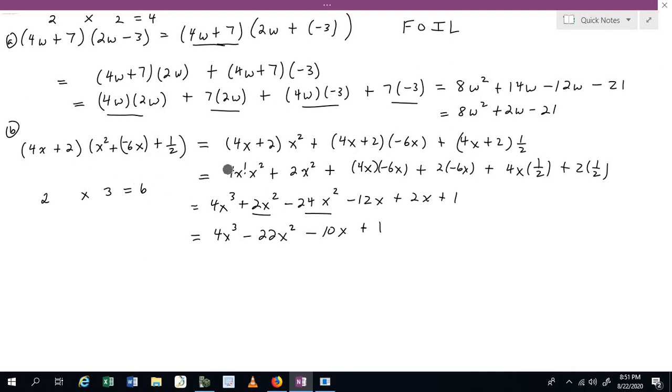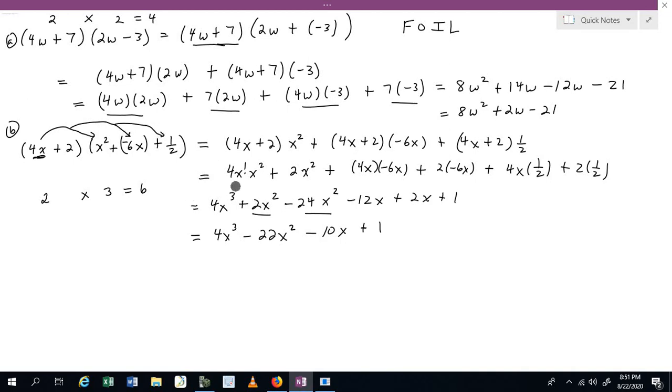Okay? Now again, the thing I'm about to show you comes from the distributive property, which is what we just used. But much like the thinking of this as the FOIL method, you can think of this as this other method I'm about to show you. And essentially what you can do is you can take this 4x and multiply it by each of the 3 terms over here.